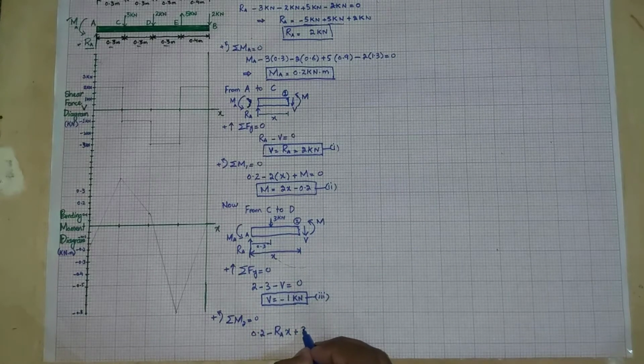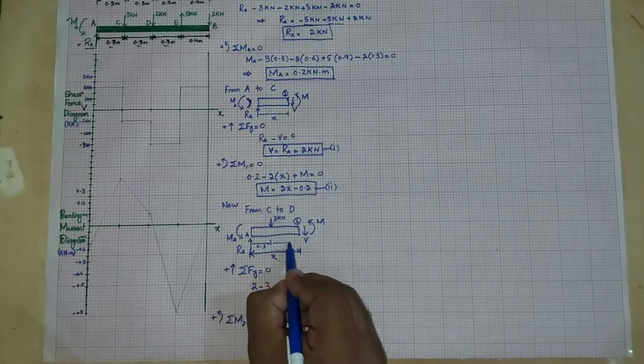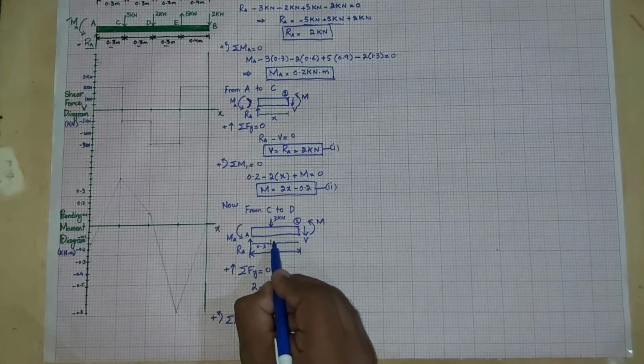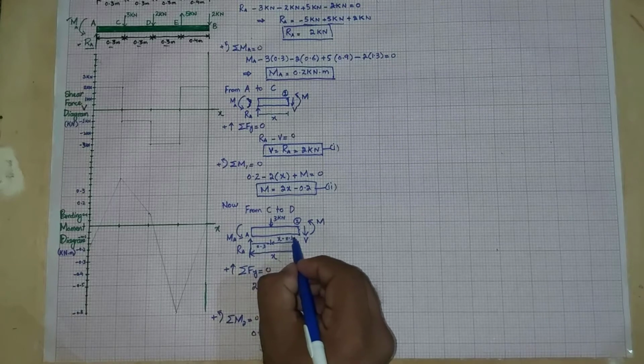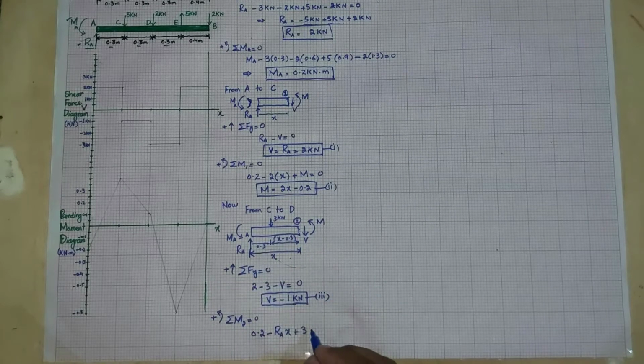So that will be plus 3. Now this total distance is x, so the distance from this to this is x minus 0.3.